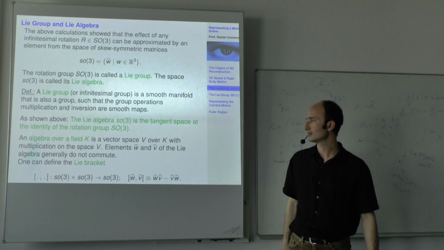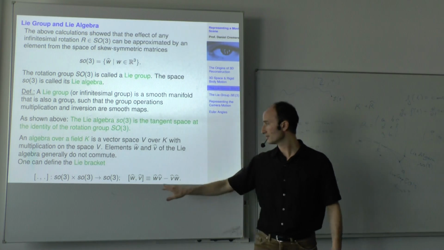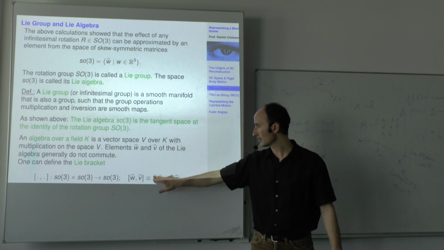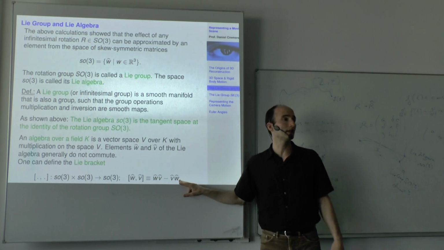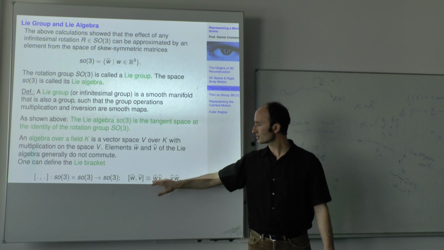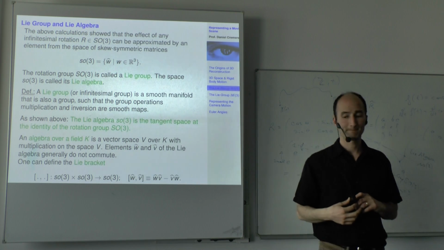called the commutator. In general, matrices, as you know, do not commute, so in general, this is not zero, the difference of these. So W hat times V hat is generally not V hat times W hat. But what it always is for skew-symmetric matrices, this is also a skew-symmetric matrix.